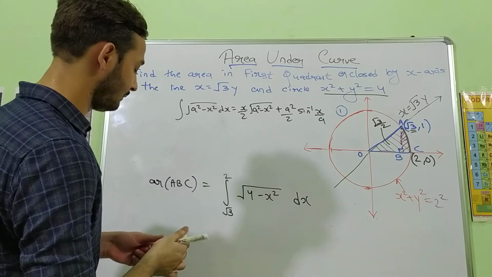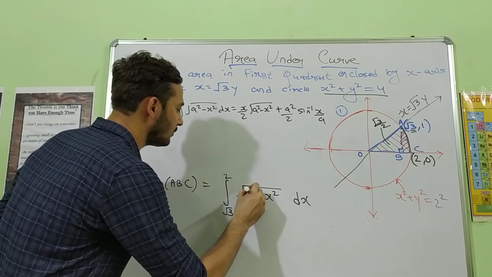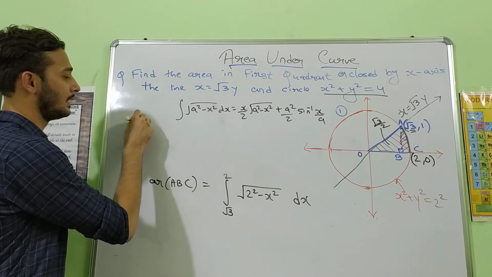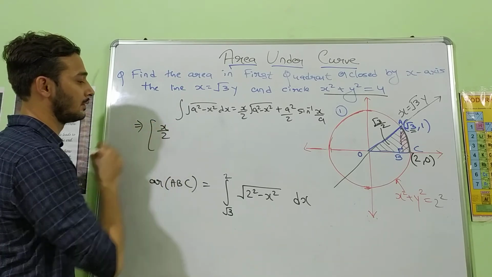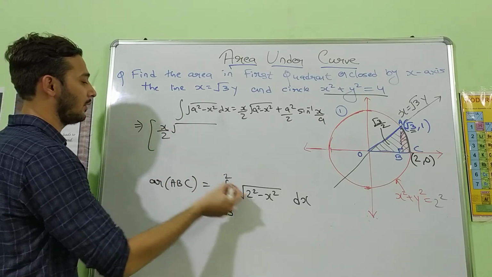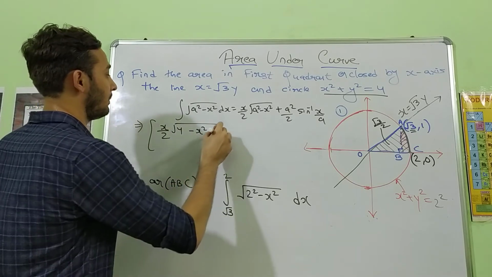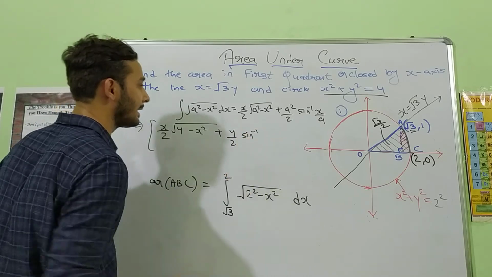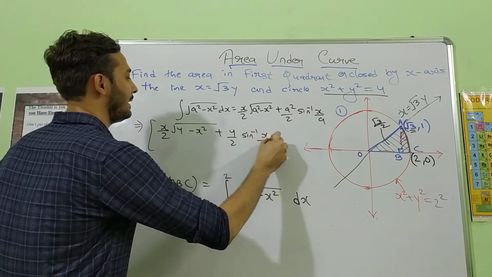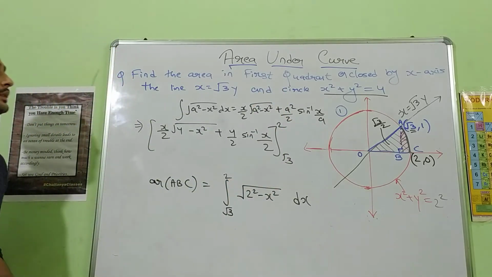Now what will I do? Just put it in the formula: x by 2 root 4 minus x square plus 4 by 2 sine inverse x by a, where a is 2 and the limits are root 3 to 2. Right. Now just put the limits.